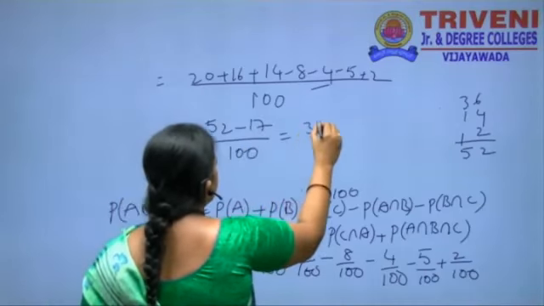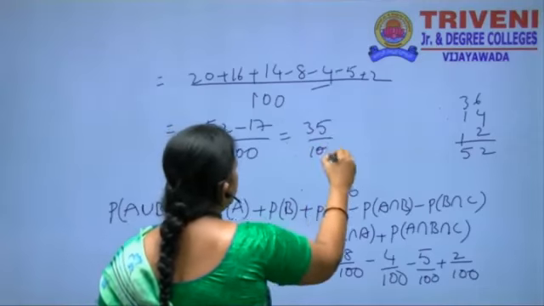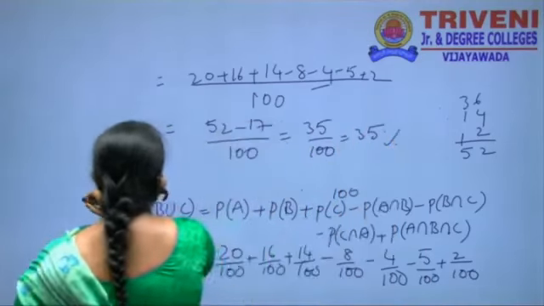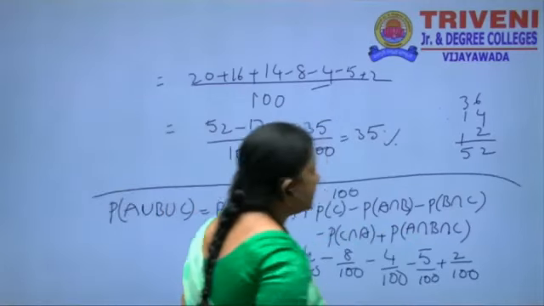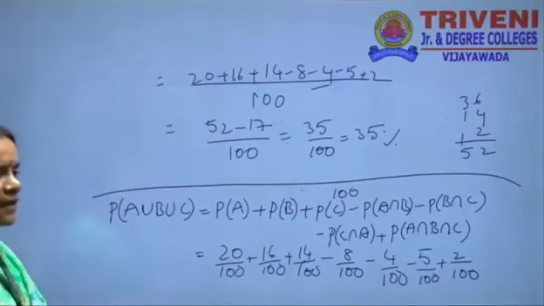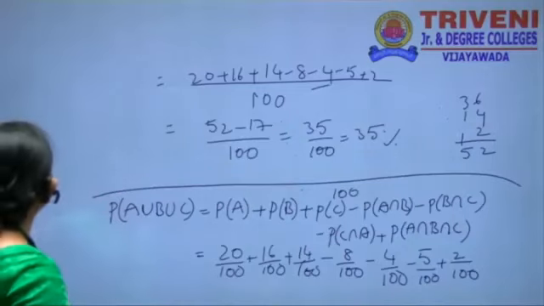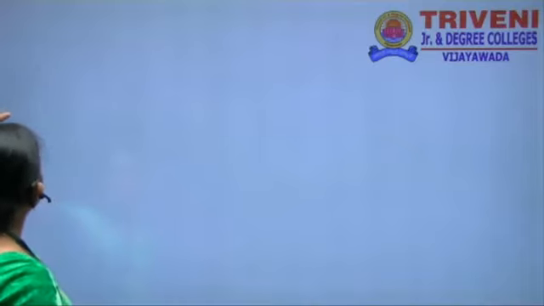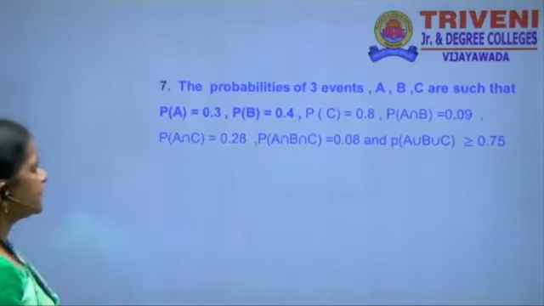Here 35. 35 by 100. It can be written as 35%. The probability of the three papers, A union B union C, can be written as 35%. Okay, read as 35%. Then we are going to the next one.